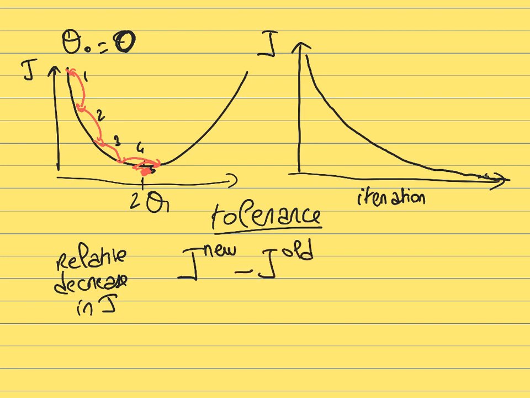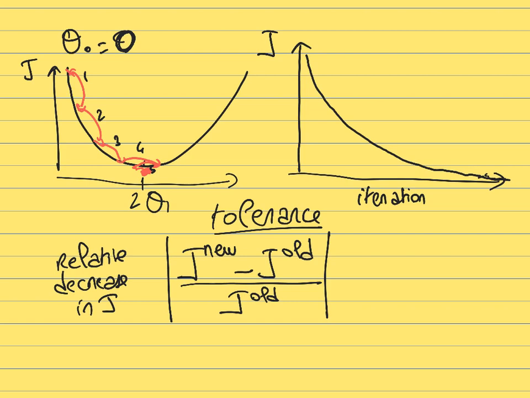This is the variation in j. If you want the relative variation, you can divide by the old j. This tells you the difference in j divided by the old j. You can take the absolute value of this, and this gives you the relative variation of j.